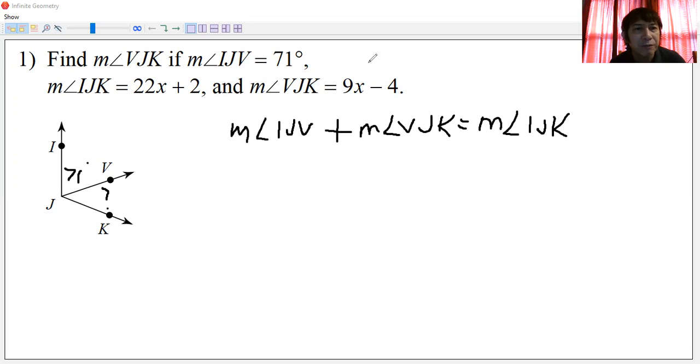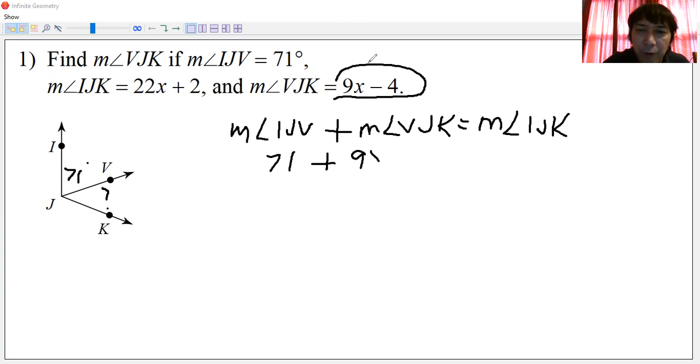The IJV is 71. And then we have the VJK, which is also expressed in an algebraic expression over here. That's VJK. So this is 9x minus 4. And this is equal to the measure of IJK, which is also expressed in an algebraic expression, and this is equal to 22x plus 2.